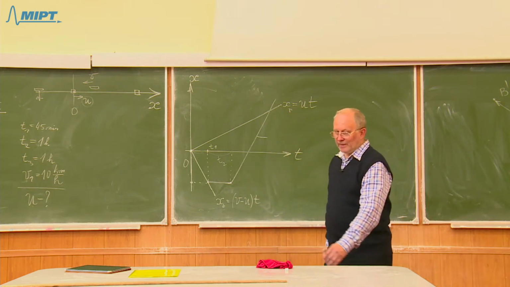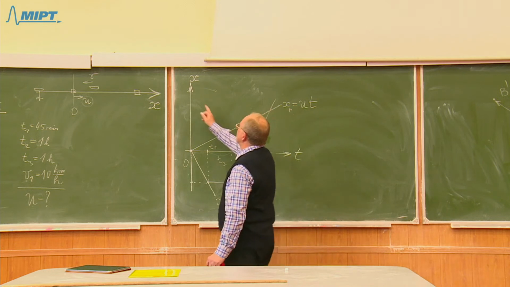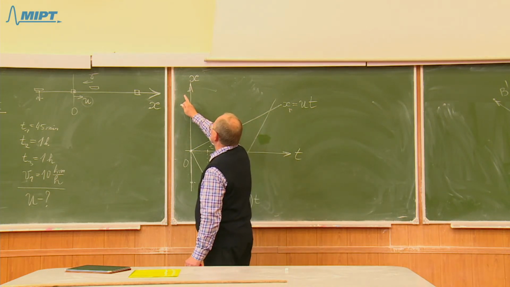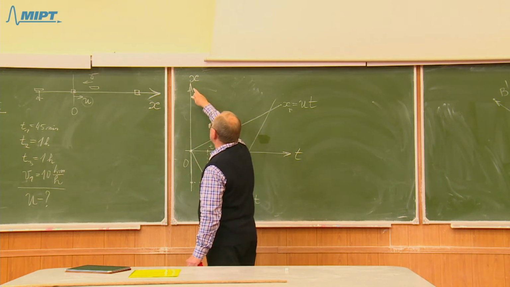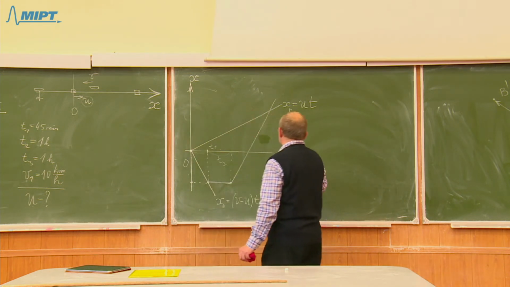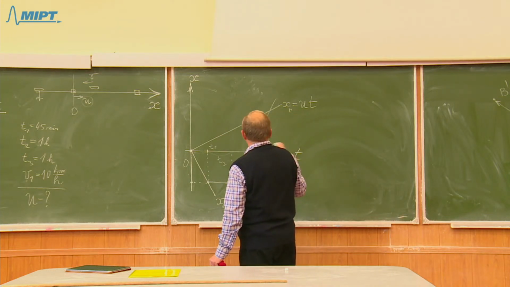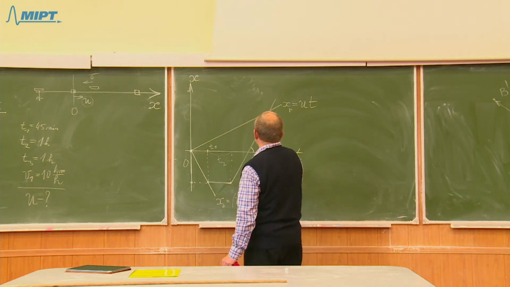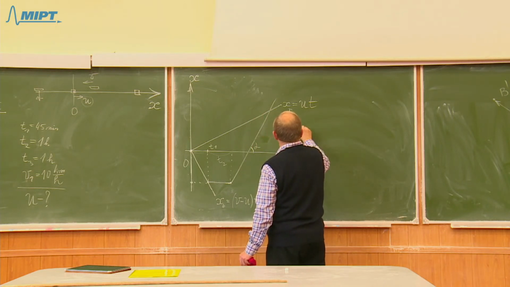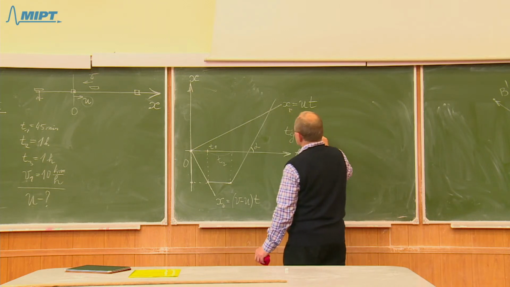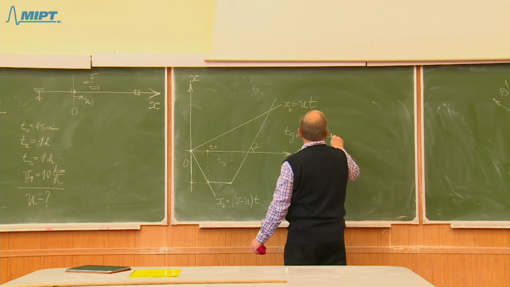I will show the velocity of this line. You know that when the vertical axis describes the coordinate of a material point and the horizontal axis describes the time, then in this graph the tangent of this angle is the material point velocity. And the velocity when the boat goes downstream is v plus u.